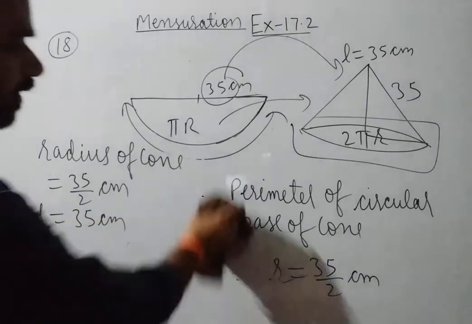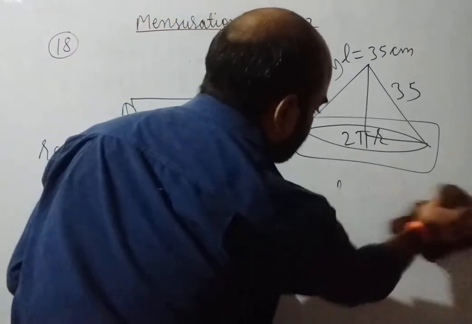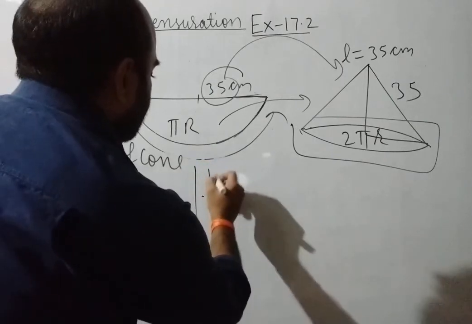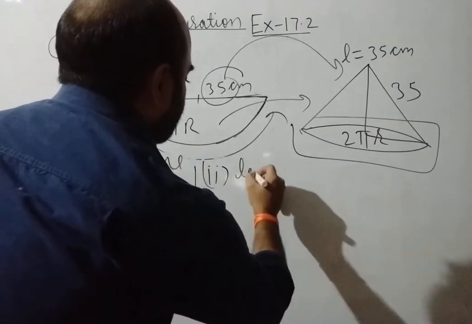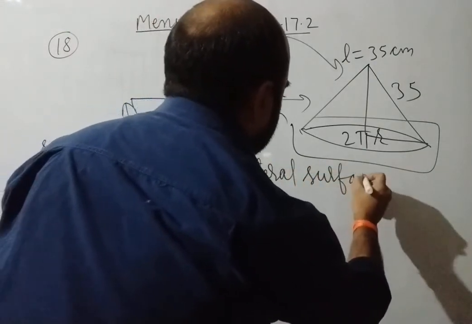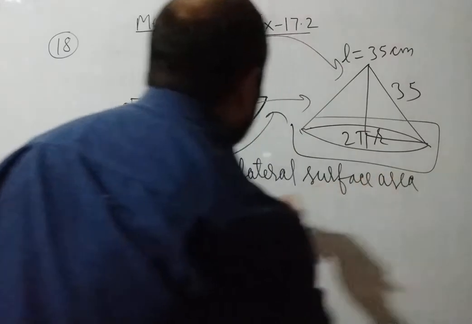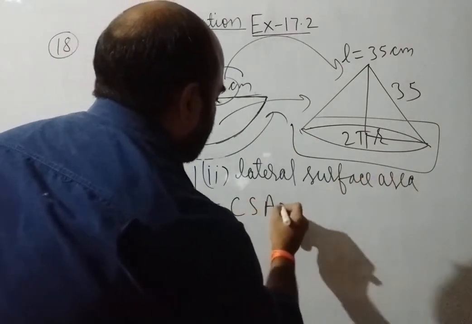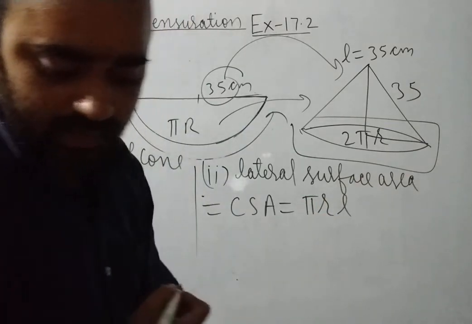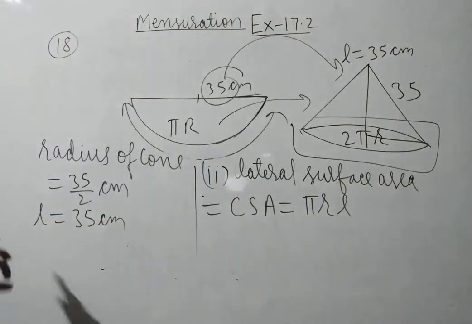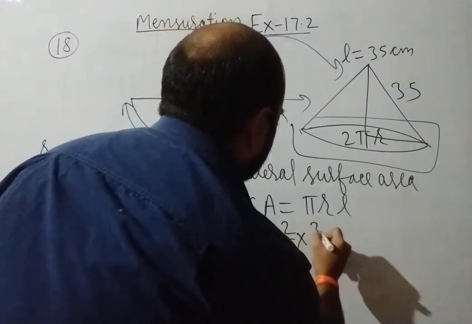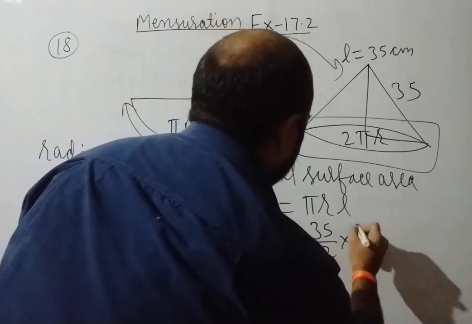Now we have to find the lateral surface area. Lateral surface area means curved surface area. Second part, lateral surface area, that is curved surface area, pi r l. Nothing is mentioned about pi, so we will take 22 by 7. It means 22 by 7 into 35 by 2 into 35.